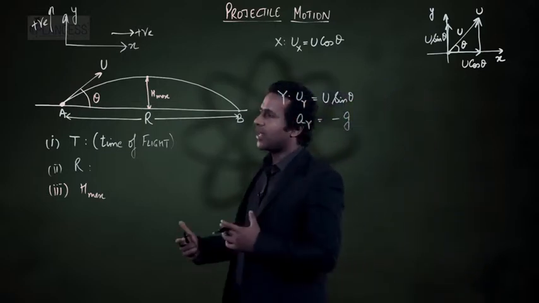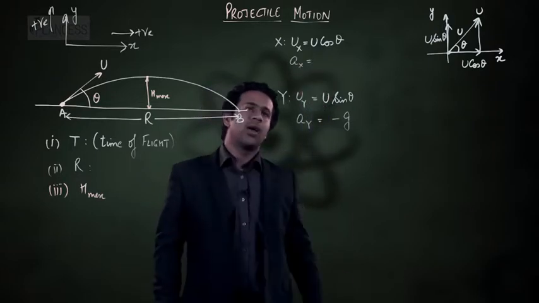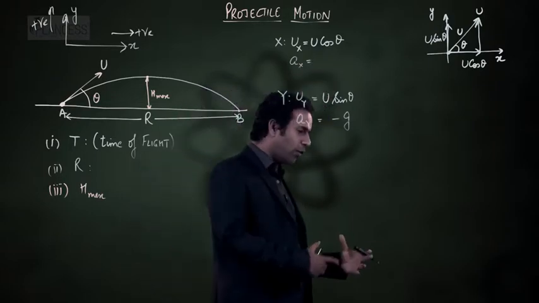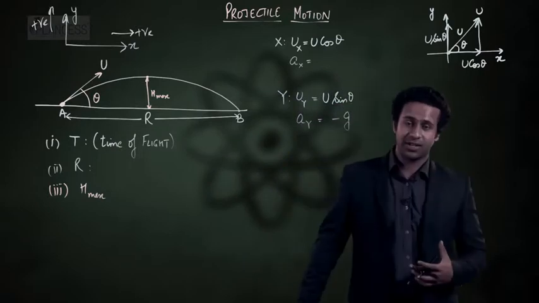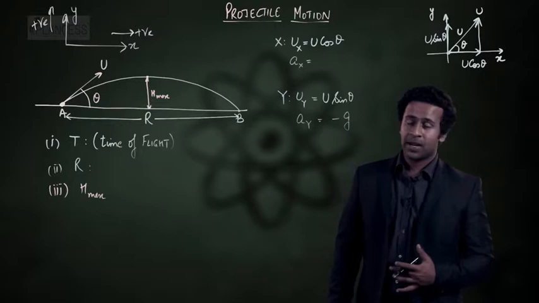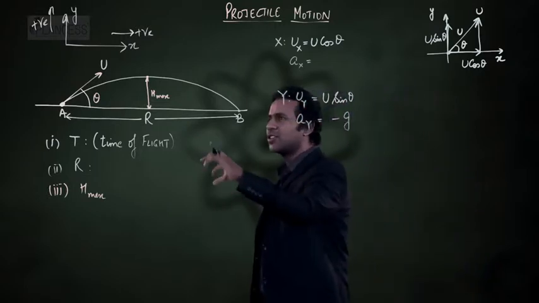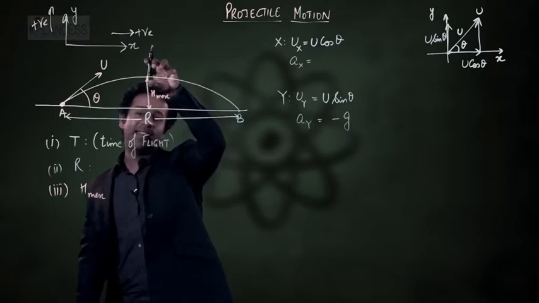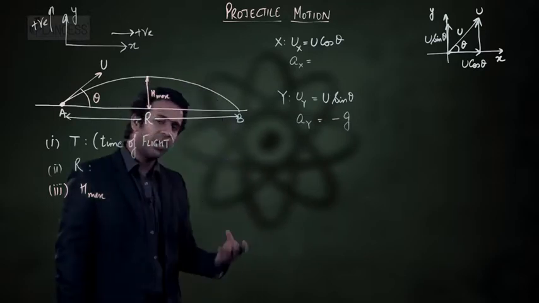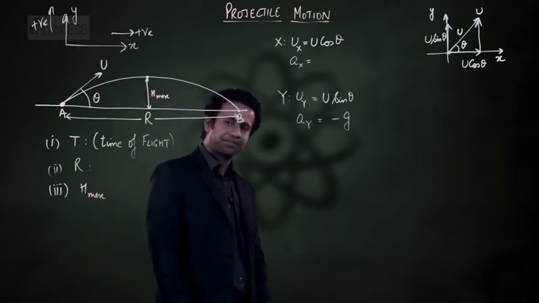Right. What can you say about the acceleration along x? Well, we will later study that force has a relation with acceleration. In absence of force, there is no acceleration. And you can also intuitively tell that since this body, while in the air, is only pulled downwards, it will not accelerate in the horizontal direction.